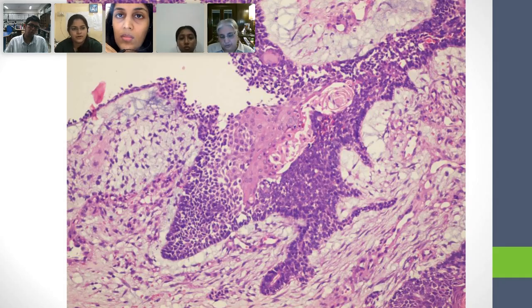More than what? More than the adjacent normal cells. So which are these adjacent normal cells? Can you show me what are the adjacent normal cells that have become more?